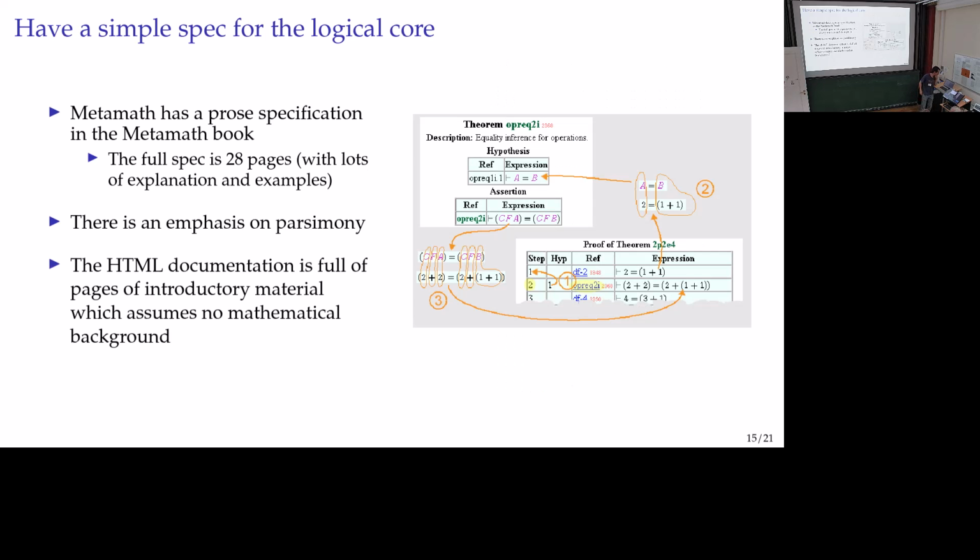One of the things that I like about this is that there are these diagrams that explain how the substitution works. Once you replace all the C's with an expression and this theorem is being applied here, once you understand this mechanism, you can understand every step of every proof in the entire system. This is a very powerful concept. It's essentially saying that substitution is all you need.